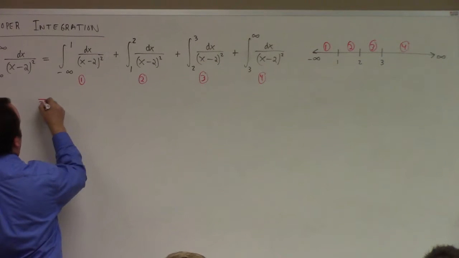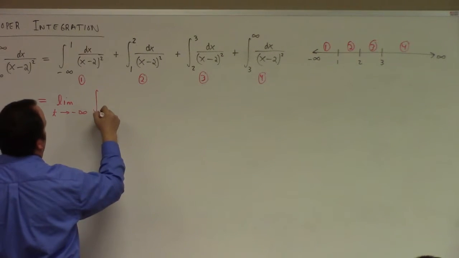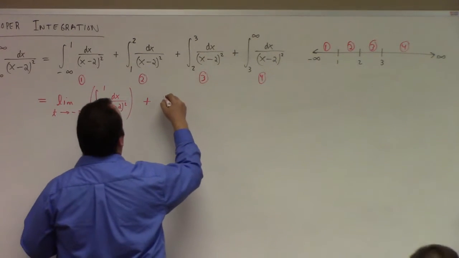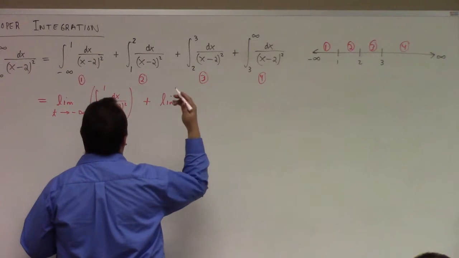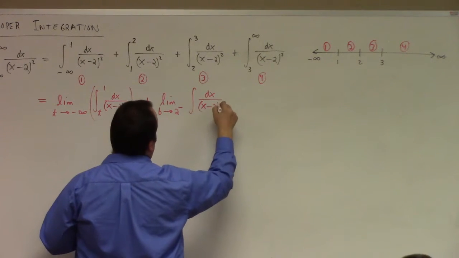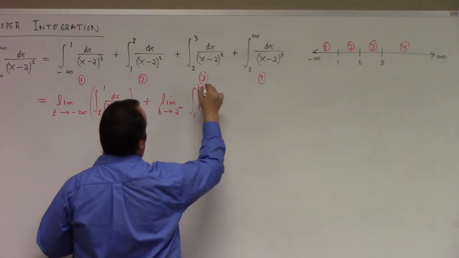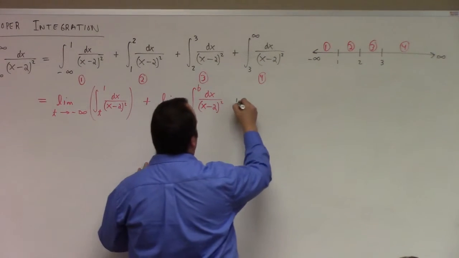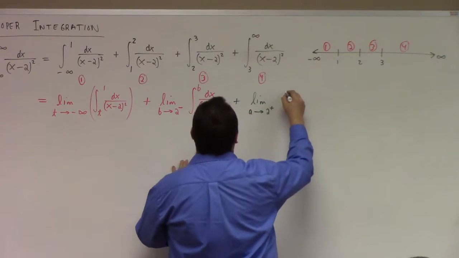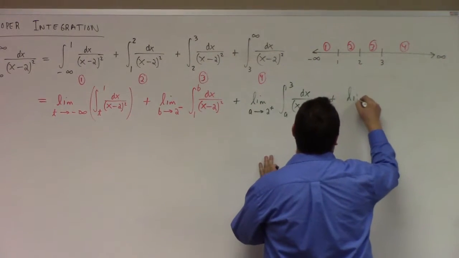So this is the limit as t goes to minus infinity of the integral from t to 1 of dx over (x minus 2) squared, plus the limit as b goes to 2 from the left of the integral from 1 to b of dx over (x minus 2) squared, plus the limit as a goes to 2 from the right of the integral from a to 3 of dx over (x minus 2) squared, plus the limit as, let's use s.